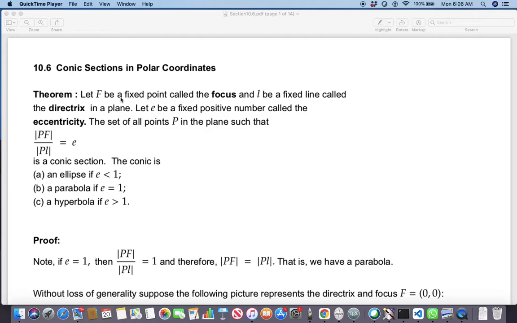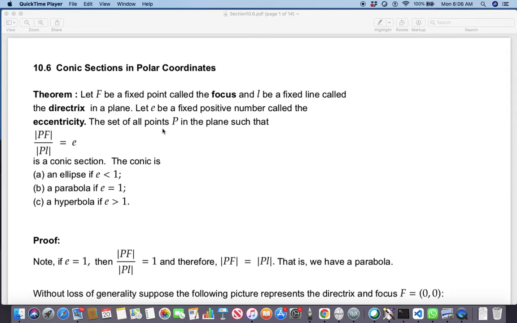Let F be a fixed point called the focus, and L be a fixed line called the directrix. In a plane, let e be a fixed positive number called the eccentricity.